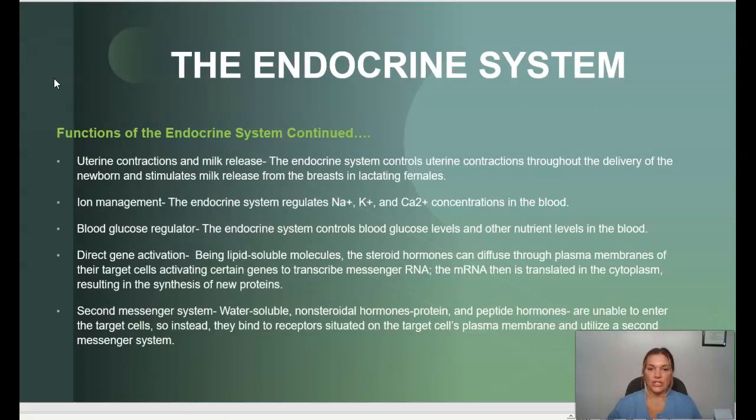Ion management, so it also helps to regulate sodium and potassium concentrations in the blood. And then it also helps with blood glucose. The endocrine system controls blood glucose levels and other nutrient levels in the body. And then it's also responsible for direct gene activation, as well as a second messenger system, as you can see here.